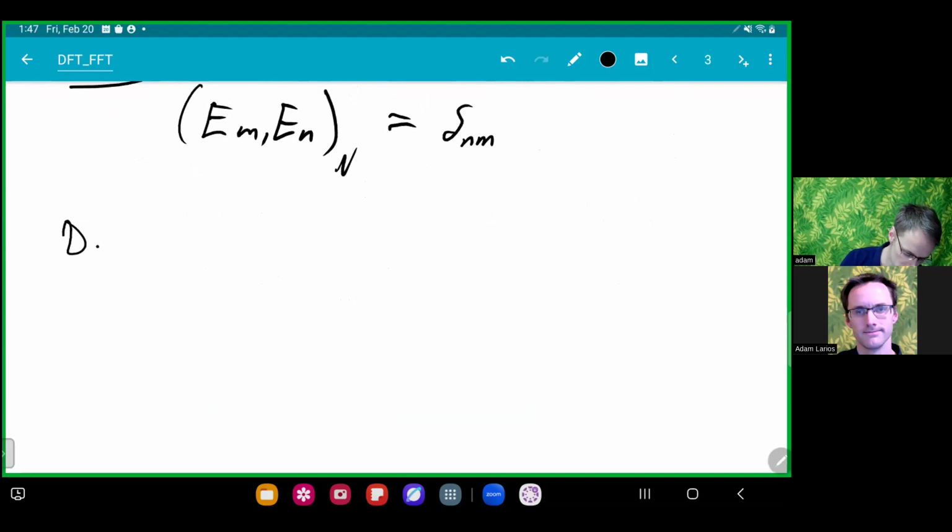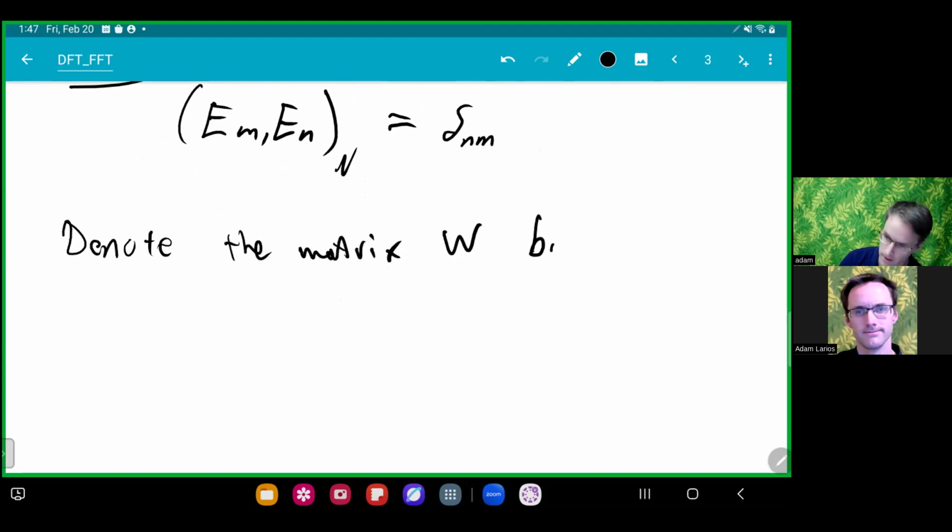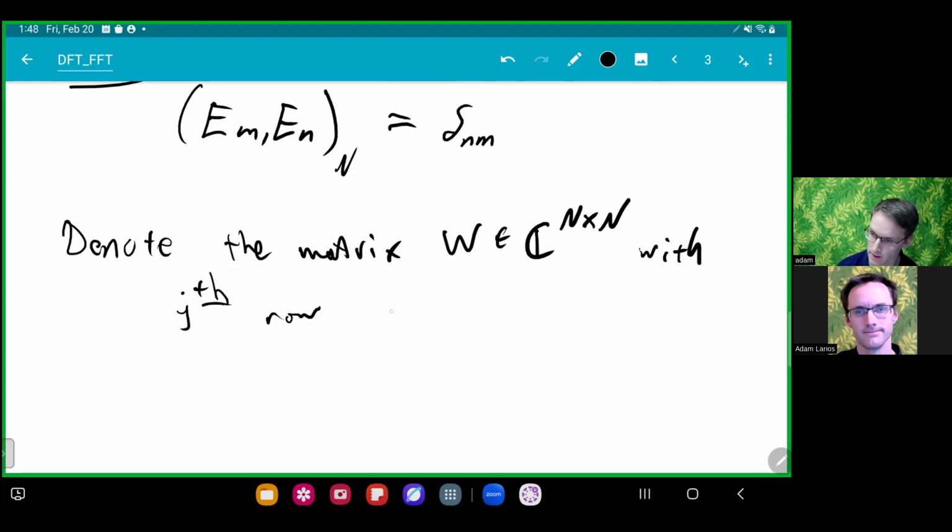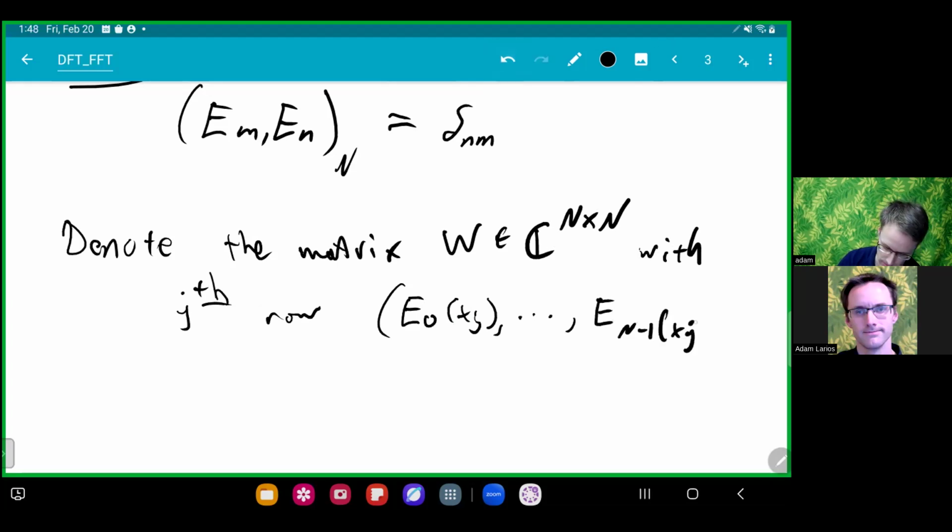Let's denote the matrix W to be a complex valued n by n matrix with jth row E0 at xj up through E sub n minus 1 at xj.